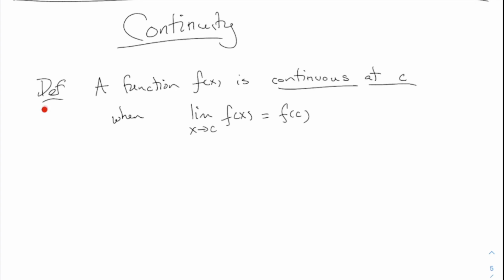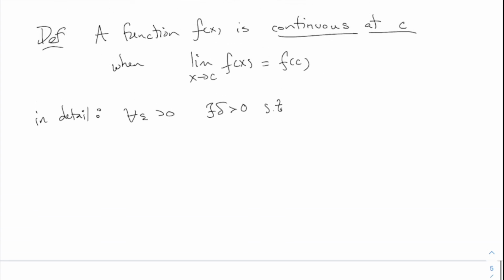Now, we say this in a calculus class to kind of obscure the fact that we don't really want to talk about exactly what this means, but we just say it as some kind of closer and closer thing. If you want to write this out in full detail, in terms of epsilons and deltas, it means for all epsilon greater than 0, there exists delta greater than 0 such that, writing the limit equals f of c, 0 less than |x minus c| less than delta implies |f of x minus f of c| less than epsilon.